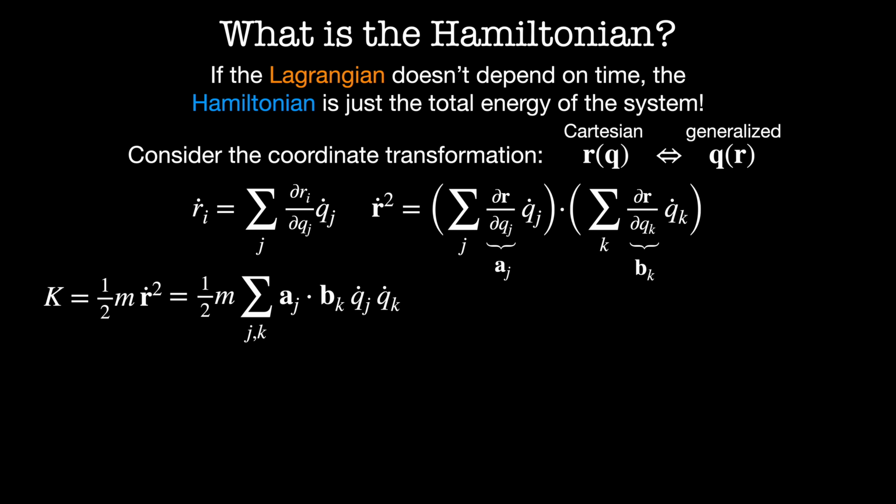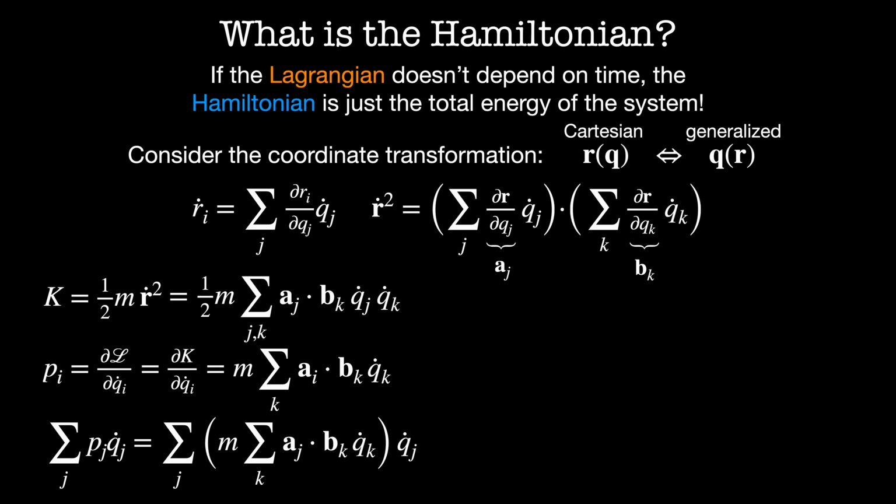First, we need to write down the generalized momentum pi in terms of these new coordinates. And that is given by the derivative of the Lagrangian with respect to qi dot. And since we know that potential energies can't depend on qi dot, this is equal to the derivative of the kinetic energy with respect to qi dot. And this is equal to m times the sum on k of ai dotted into bk times qk dot.